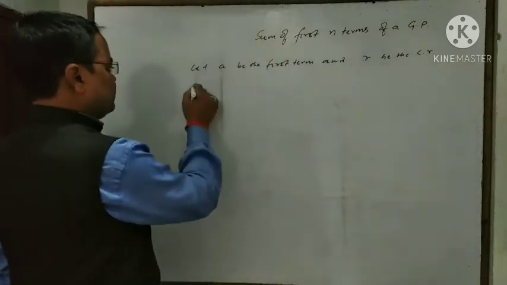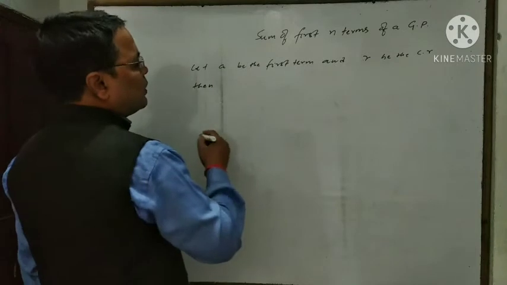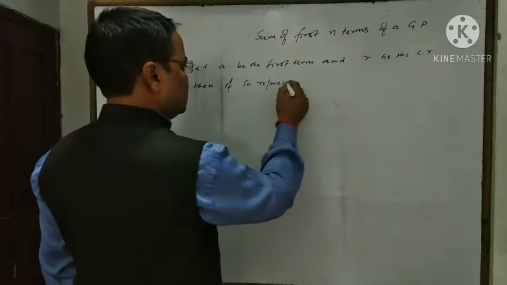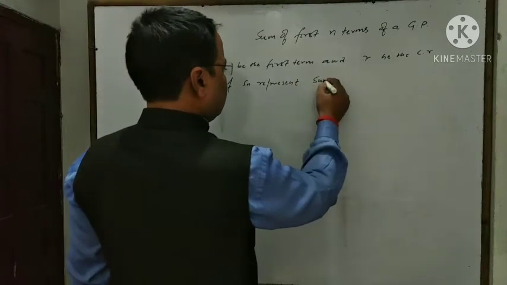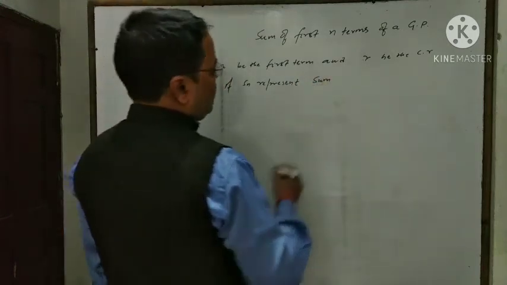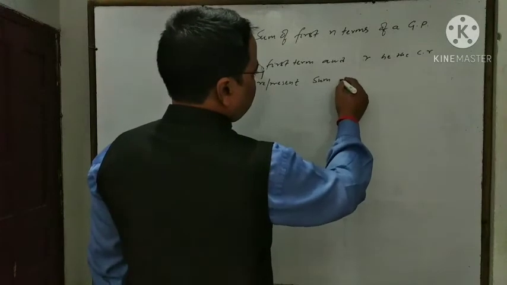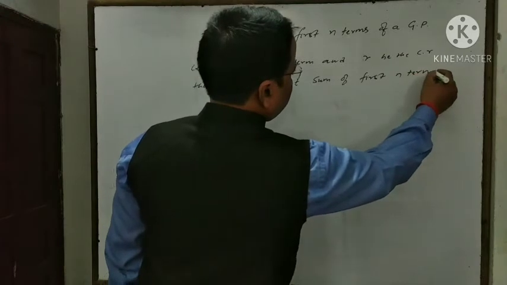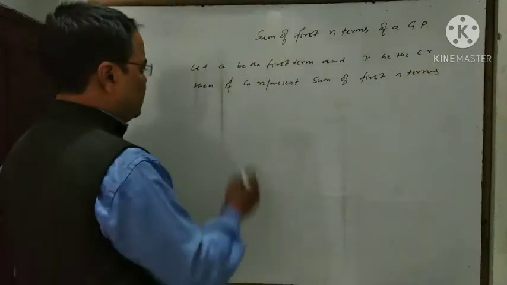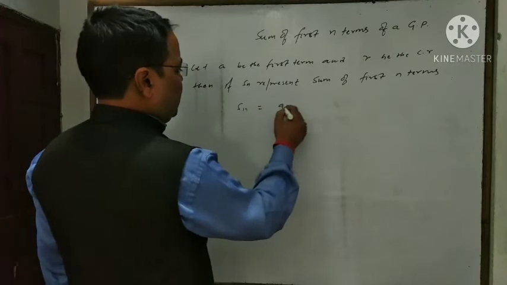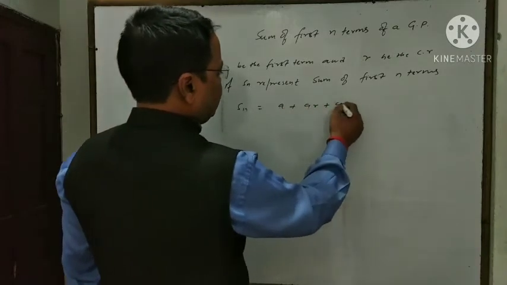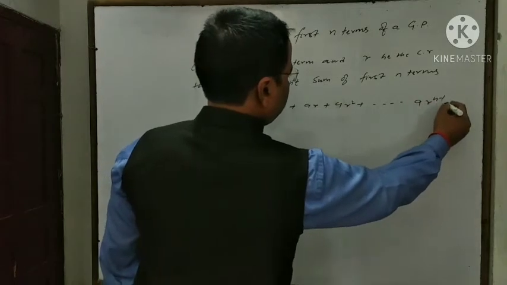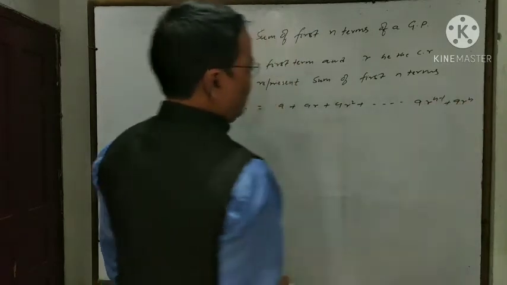Then if Sn represents the sum of the first n terms, Sn is equal to a plus ar plus ar square up to ar to the power n minus 1.